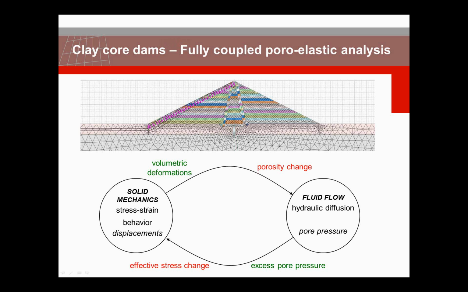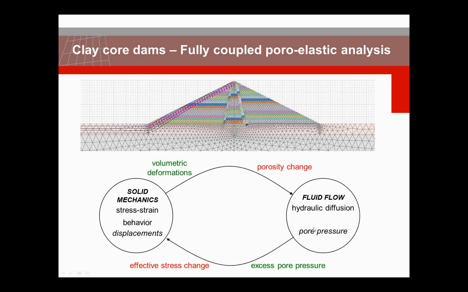In this way we use the volumetric deformations, so the compaction of the elements, and the effect that that has on the changes of the porosity or the permeability, which affect the flow, the groundwater flow.